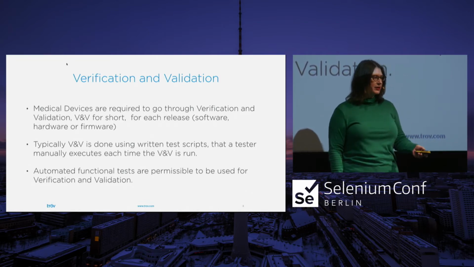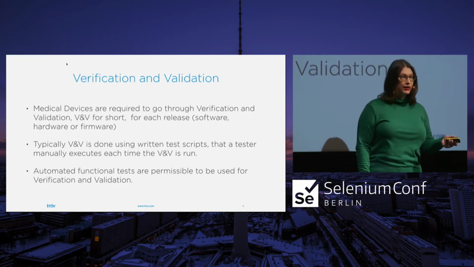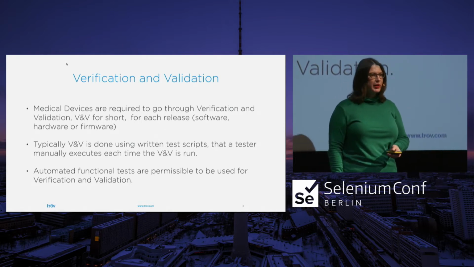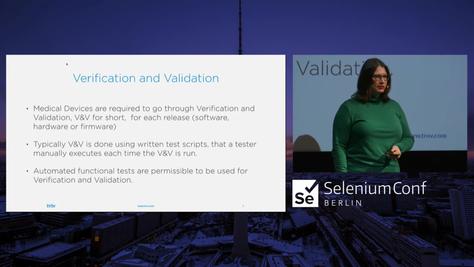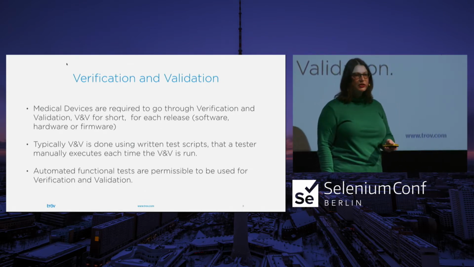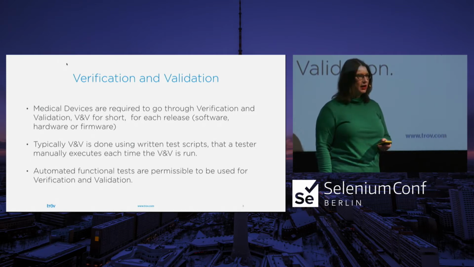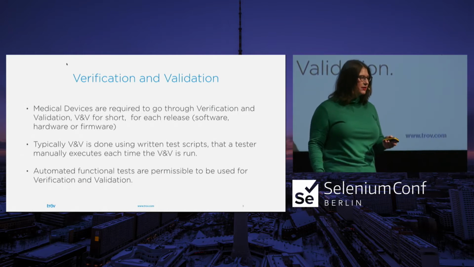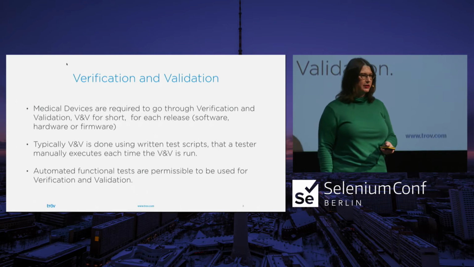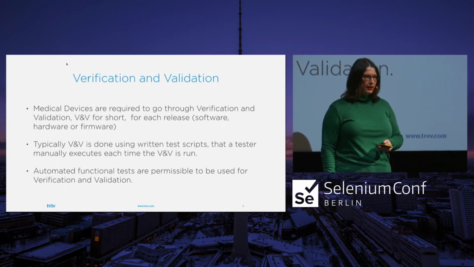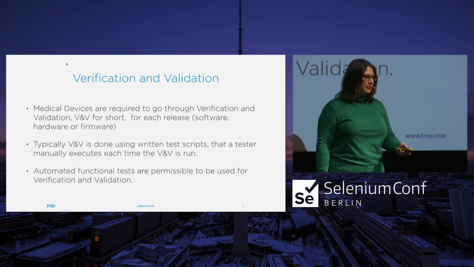For the project that I worked on, our verification and validation document, our V&V for short, was over 100 pages long. We had over 70 test cases in that, which really isn't a lot, but it's 100 pages long, and manually it takes a very long time to execute, probably on the order of 2 days. It's a long process.